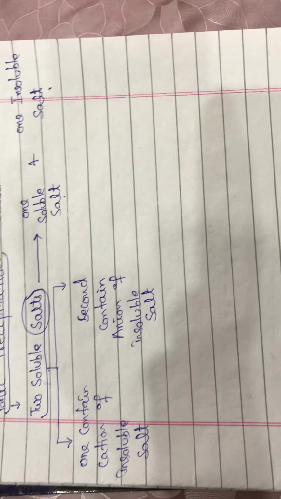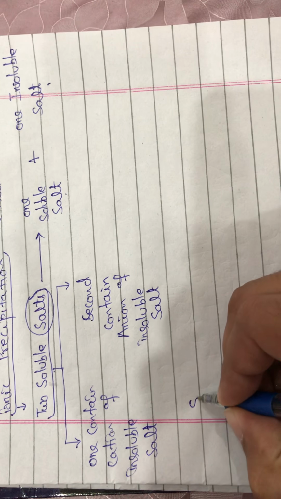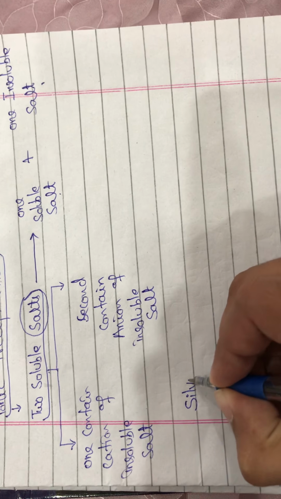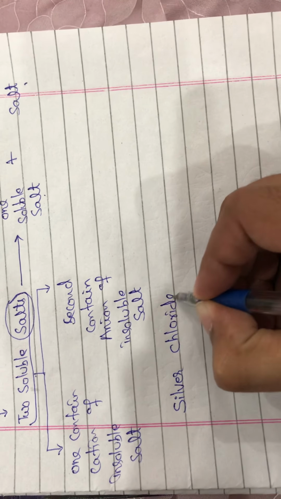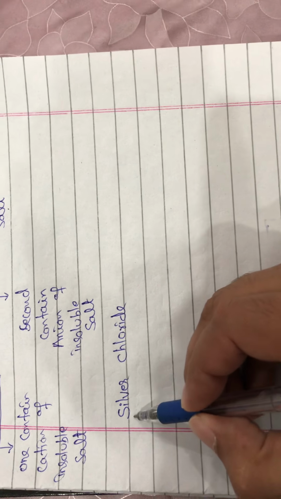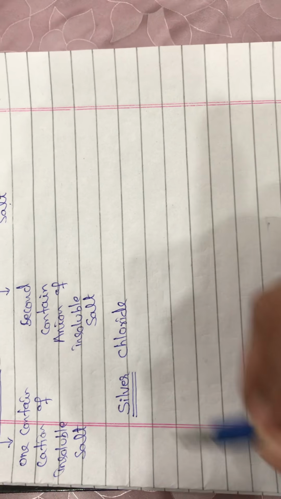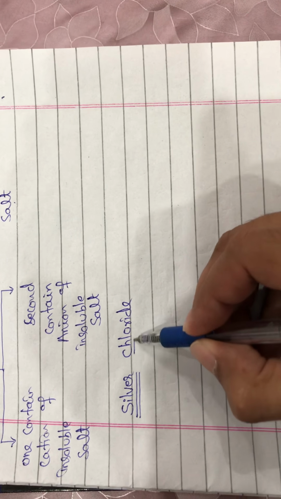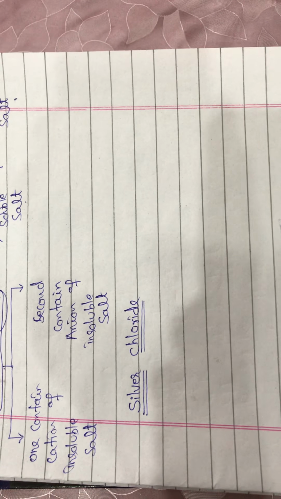Suppose we are going to produce silver chloride, which is an insoluble salt. In order to produce silver chloride, we have to find which soluble salt will give us the silver cation and which soluble salt will give us the chloride anion.